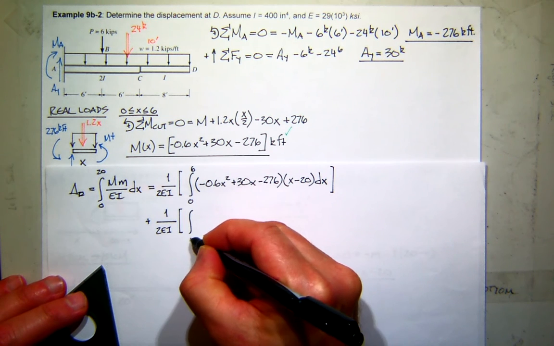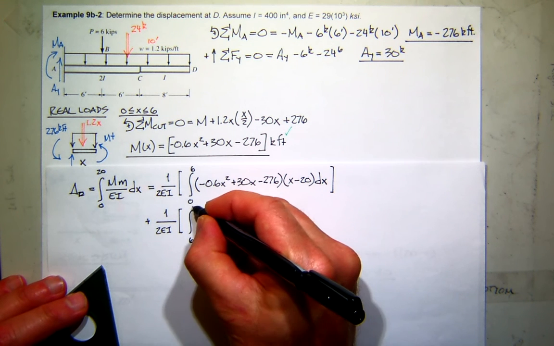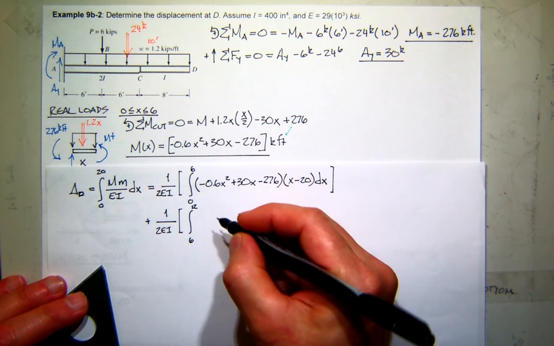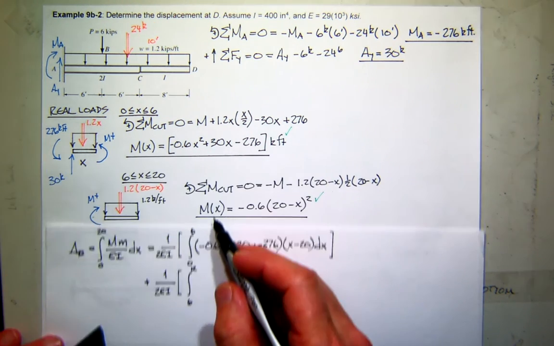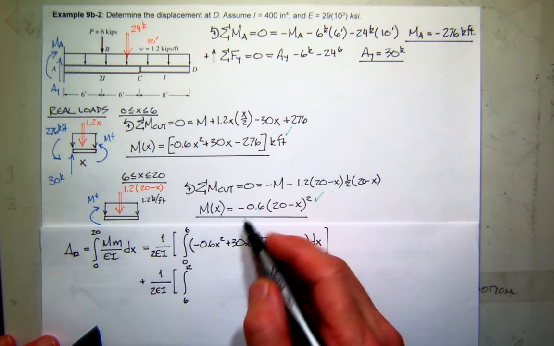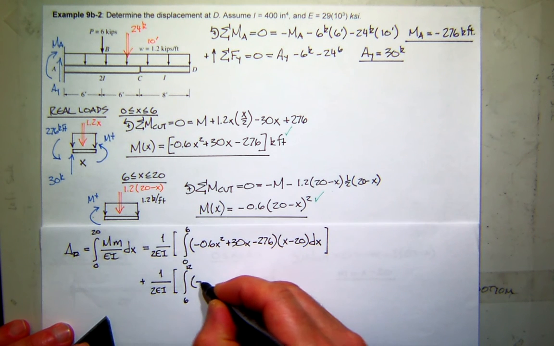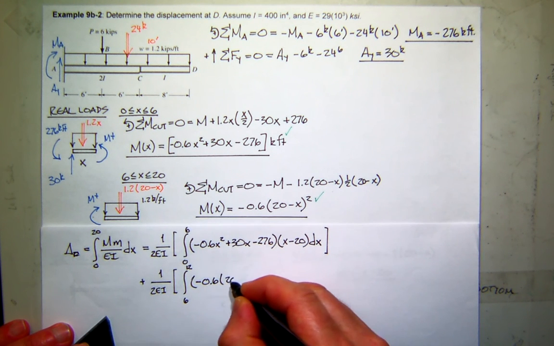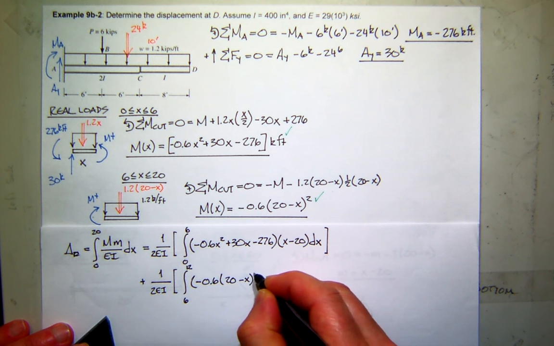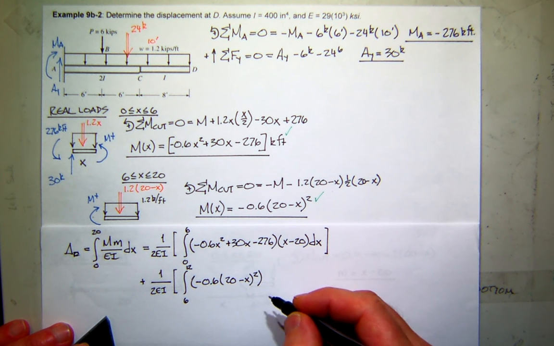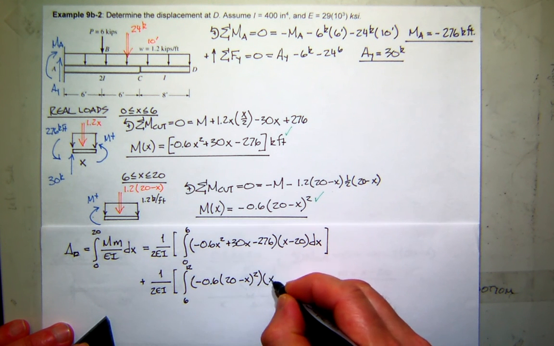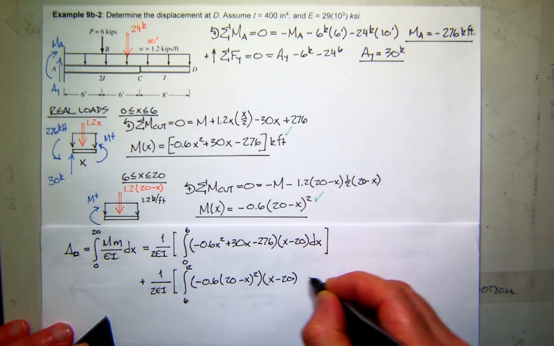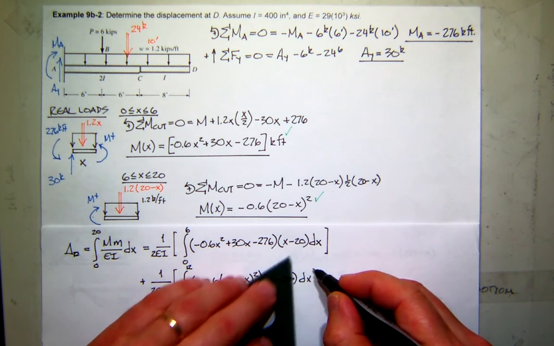And this will be an integral from 6 to 12. My real moment changes to minus 0.6 times 20 minus x squared. The virtual moment stays the same, x minus 20 dx.